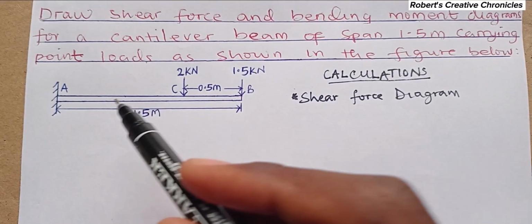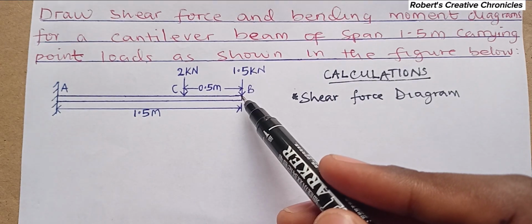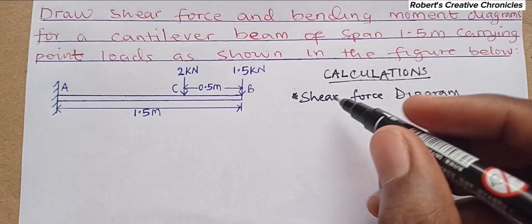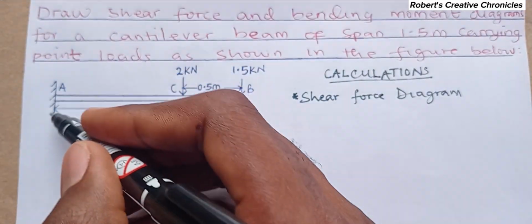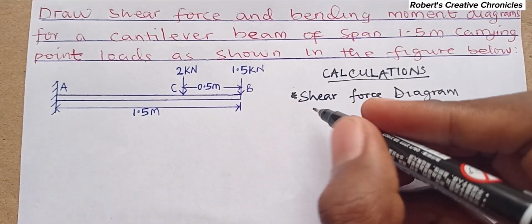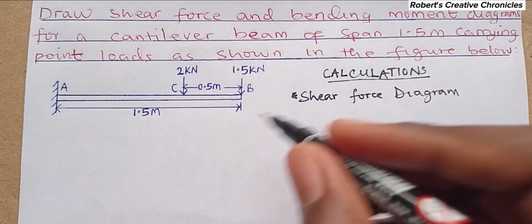So a cantilever has 2 points, fixed and free end. This one is the free end, this one is the fixed end. So you can see it's fixed here. So let's start by calculating the shear force at B.